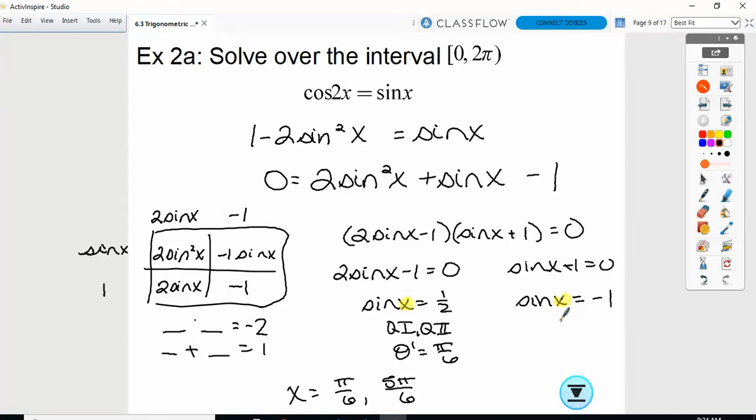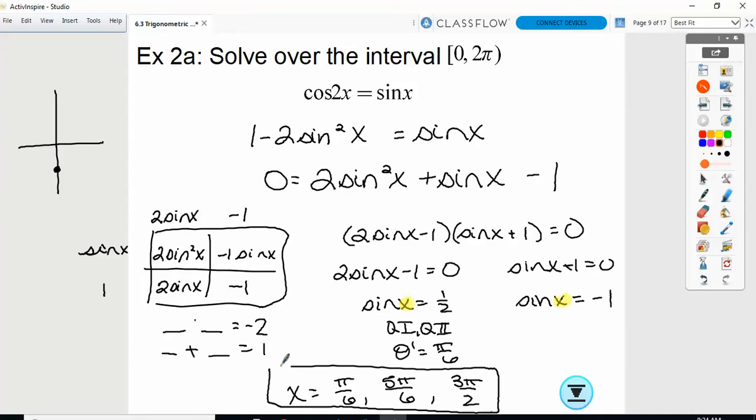That only happens once. When is sine 1? Or -1, excuse me. Sine is the y, so if y is -1, that's at 270, which is 3 pi over 2. I didn't ask for all possible solutions, so we don't have to add anything to them. We're done.